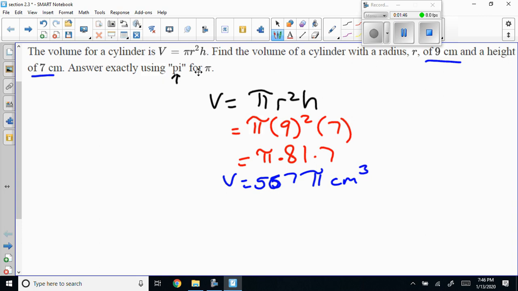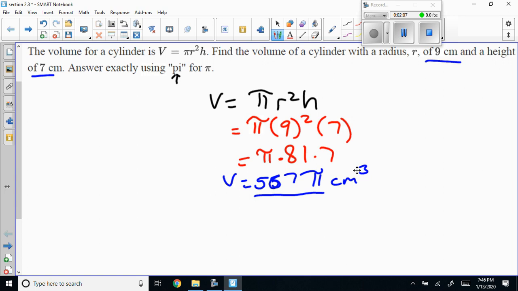Now, they didn't ask for the units, but volume will always have cubic units, period. The answers in the homework are just like it's right here: 567 pi. You wouldn't have to put units unless it had a drop down that said units.